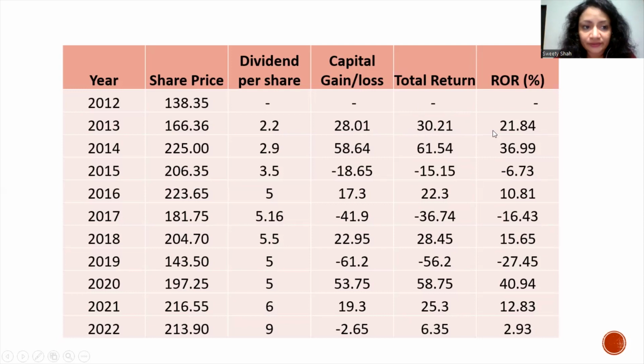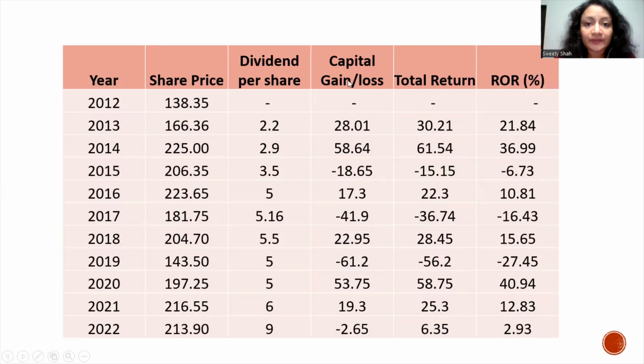To calculate the return for this particular year, the total return would be divided by the value at the end of 2012, which was 138.35. This gives us the rate of return for the financial year, and it would be 21.84. In the same way, for the next year we have a dividend income of 2.90.